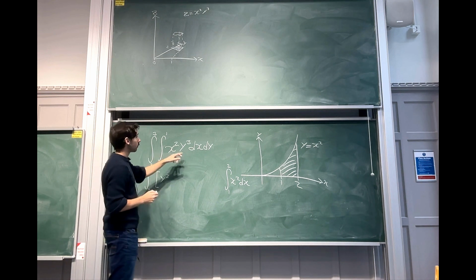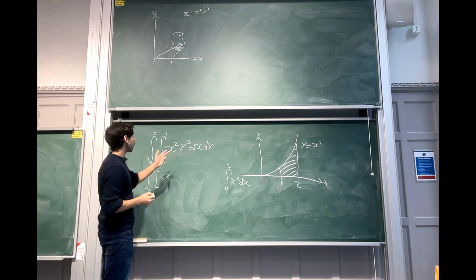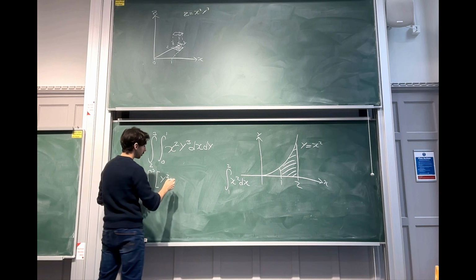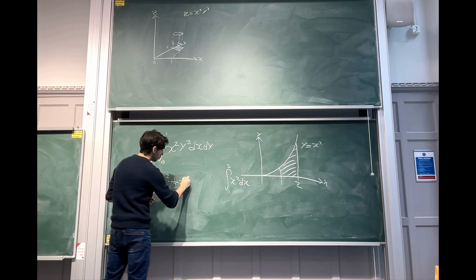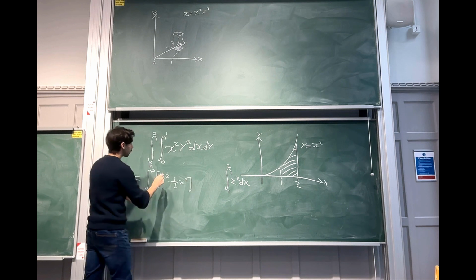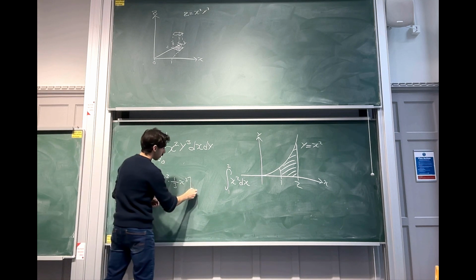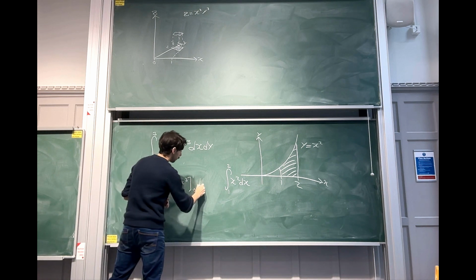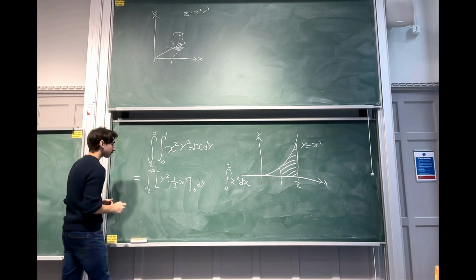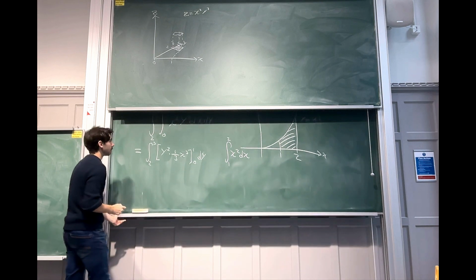And because I'm integrating with respect to x, I'm going to integrate x squared, which is a third x cubed. I'm then going to evaluate this between our limits, 0 and 1. And I need the dy on the end. That's just there for later. Okay, that's the first step.